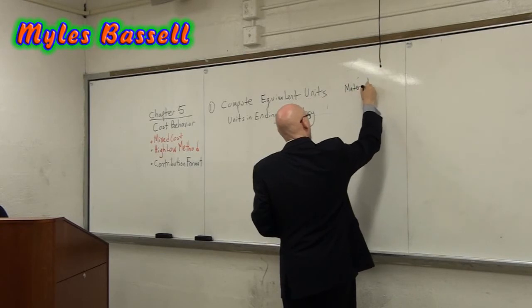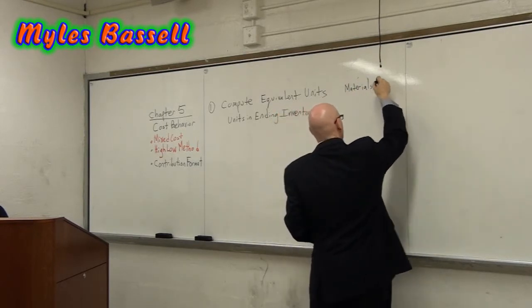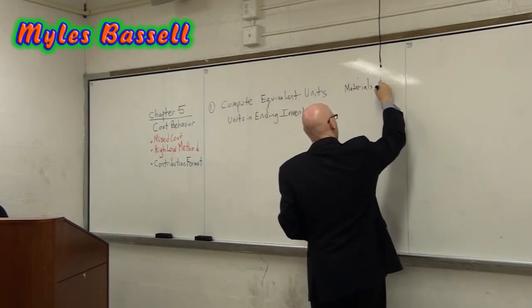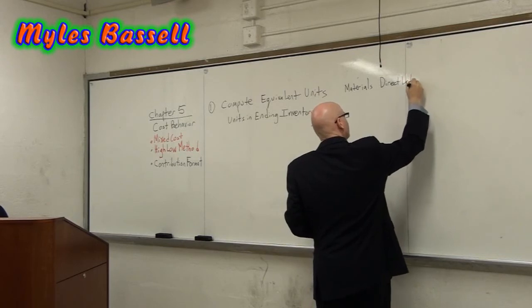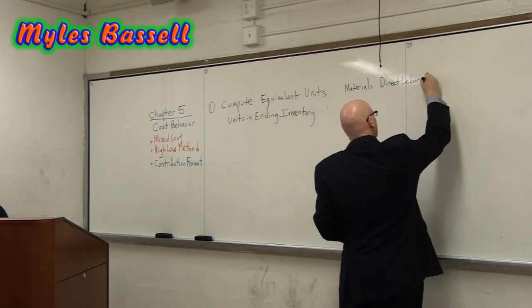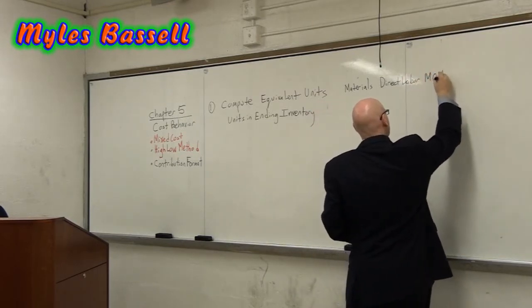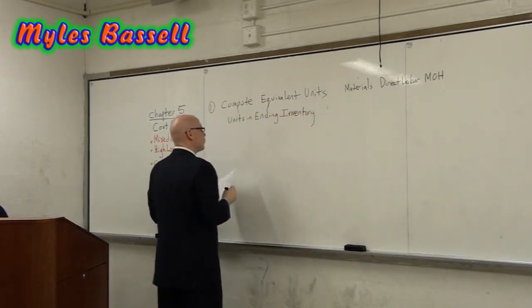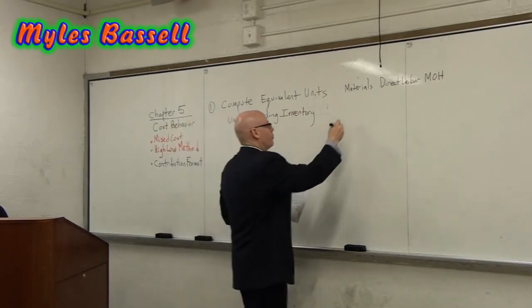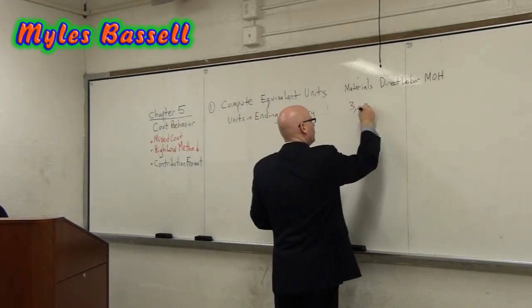And remember, the three components that we look at are the materials, the direct labor, and the overhead. So 3,000.